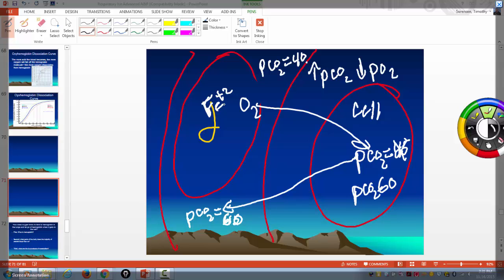It makes the oxygen want to fall off the iron and go into the cell. And because you're producing more CO2, because you're needing to make more ATP, that's going to lower the PO2 even more. So low PO2, high PCO2 make oxygen want to fall off the iron on hemoglobin and go into the cell, dissociate from it. And where do you have those conditions? You have that at the systemic capillary and the cell.